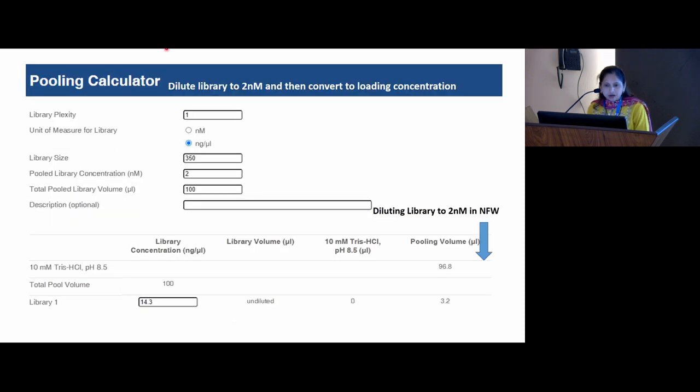So this is again one example of a pooling calculator, where we are converting the library nanogram per microliter into 2 nanomolar, wherein the library's plexity we are keeping at 1, and the library size, which is determined from the TapeStation, is 350 base pair. We convert to 2 nanomolar because for the NextSeq, a 2 nanomolar library concentration is recommended.